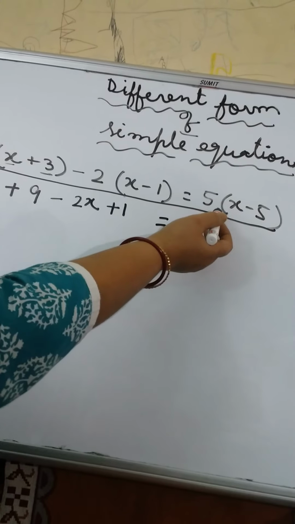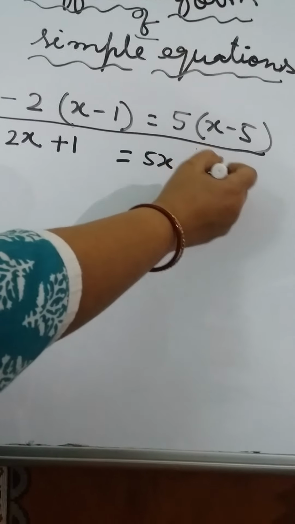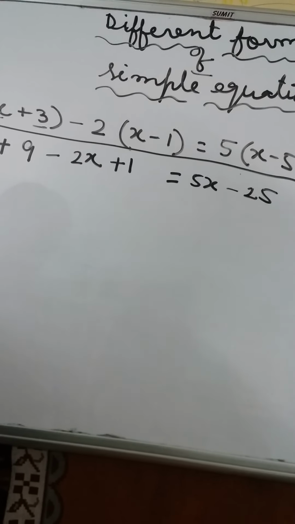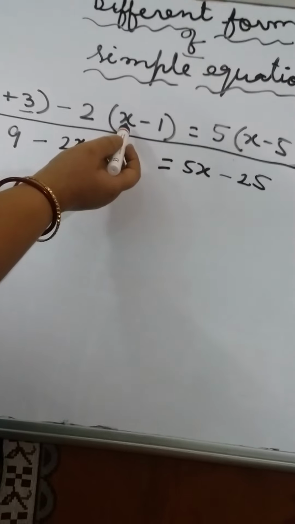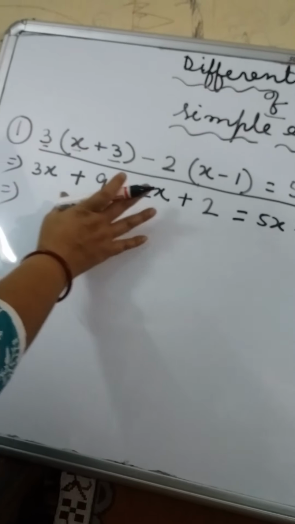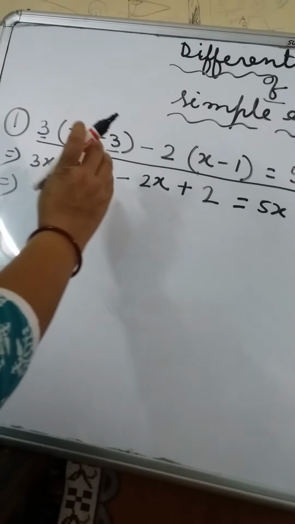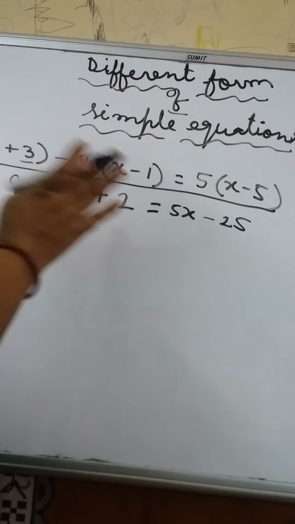Now I have to open the right hand side also. 5 into x is 5x and 5 into minus 5 is minus 25. Now we will put together all the x terms on one side and all the constants on the other side.